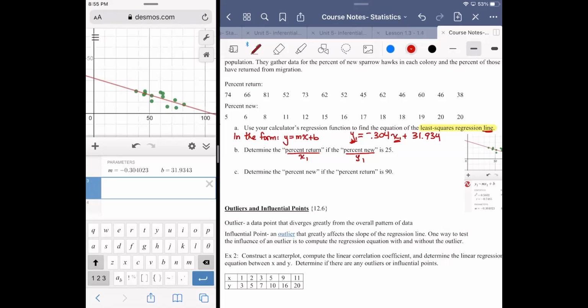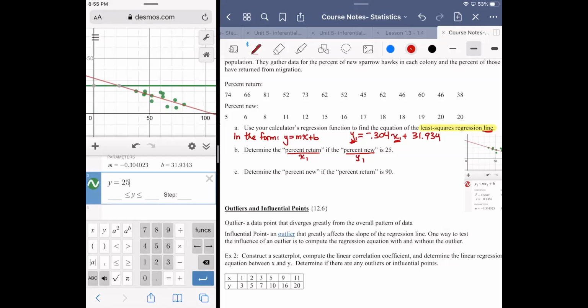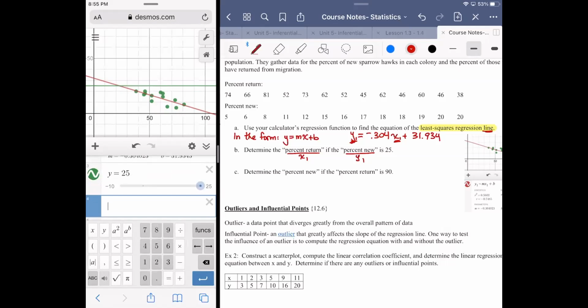Oh, it's even easier. All right, so I'm going to type in y equals 25. Let me jot that down, because they're telling us that the percent new is 25.